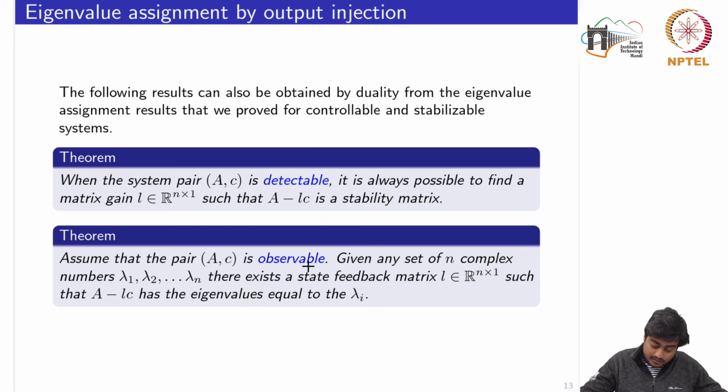With observability we get some additional freedom that we can place any eigenvalues at the desired location, but with detectability we at least ensure that this error matrix would be a stable matrix.